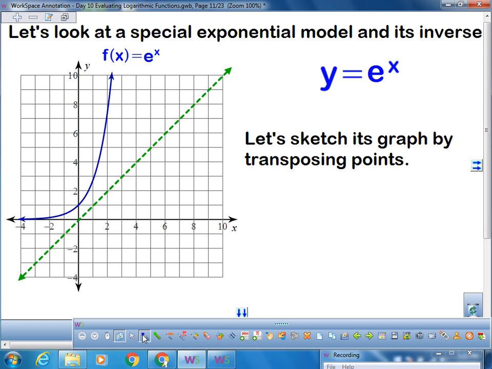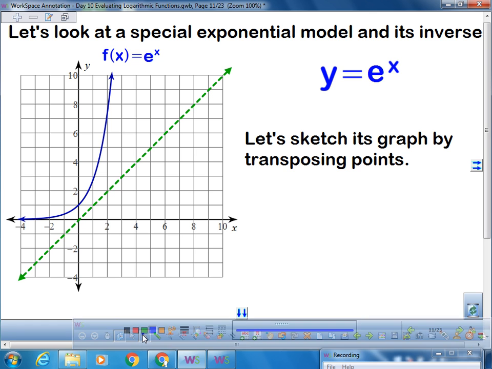So again, just like all of our exponential models, they all start at (0, 1) unless they have some type of transformation, right? So then when I put 1 into e to the x, e to the 1, I get 2.71. So that's about 2.71 right there. Well, just like I did in my other graph, I want to find the inverse function.